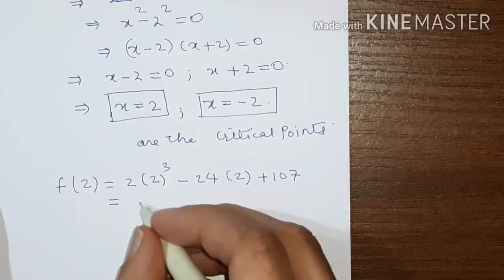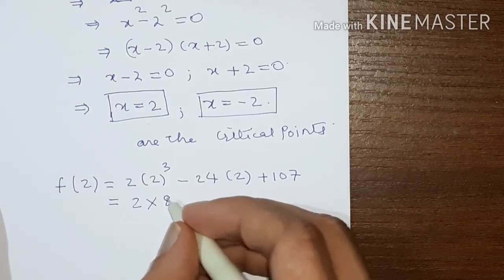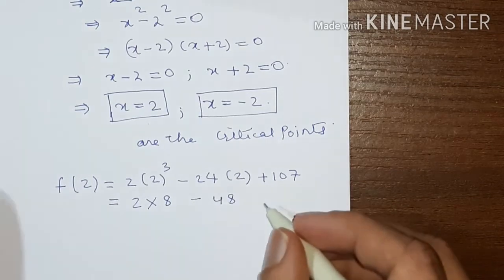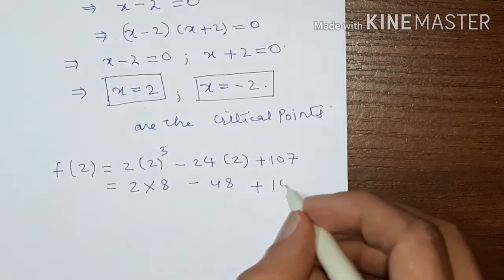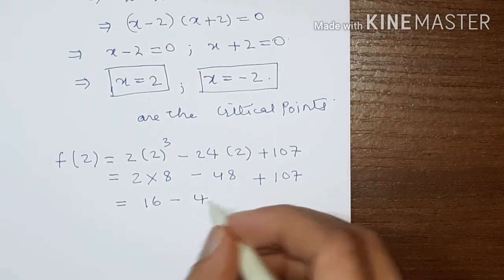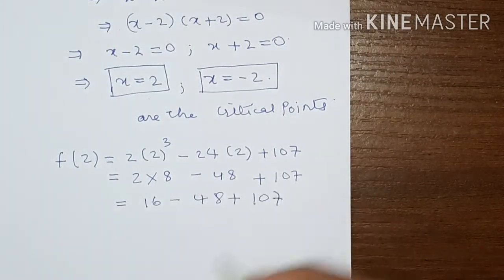That is 2 multiplied by 8 minus 48 plus 107, which is 16 minus 48 plus 107.